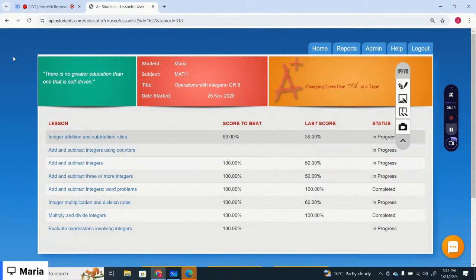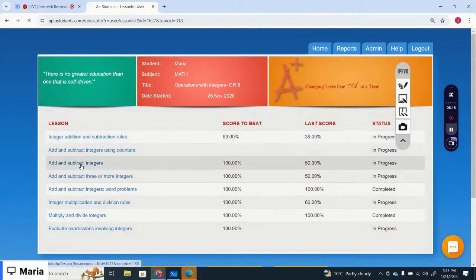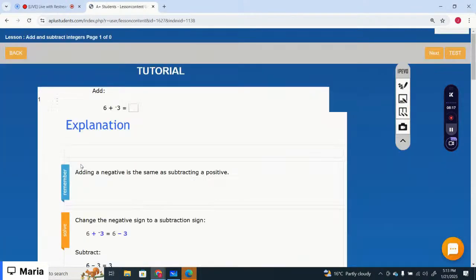Add and subtract integers using counters. Let's skip this lesson. Add and subtract integers. 6 plus negative 3.